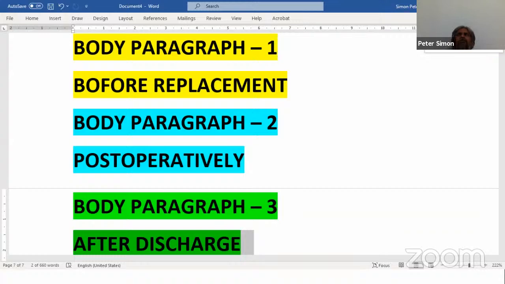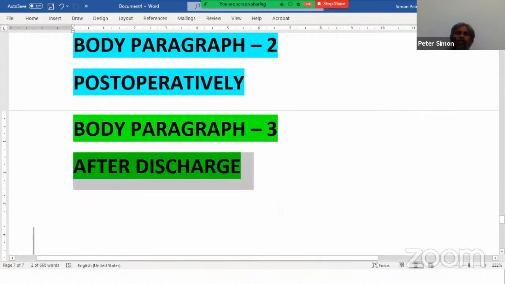One sentence. Continue. In case any additional information is required, kindly do not hesitate to contact me. That is the conclusion. Body paragraphs we will deal with later.